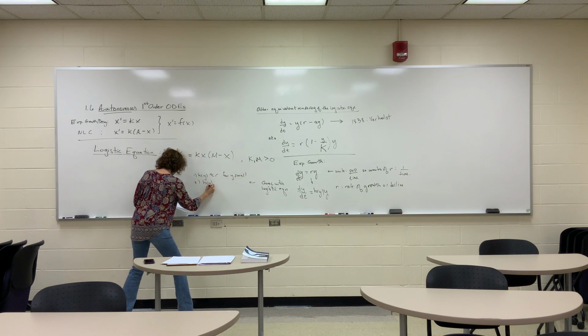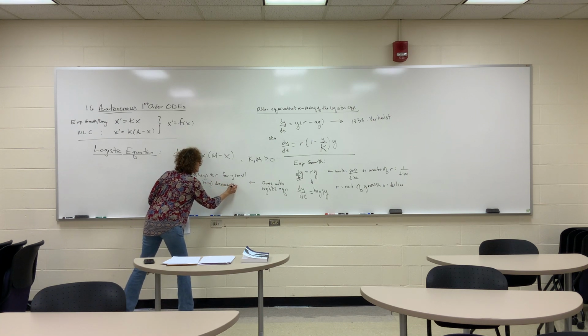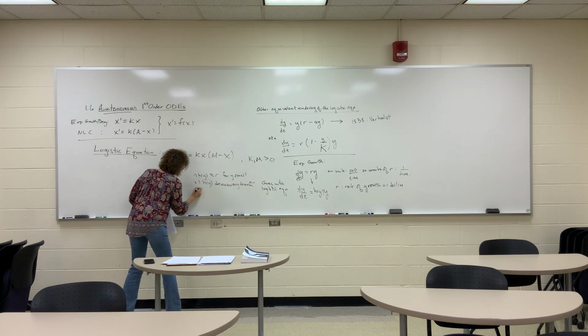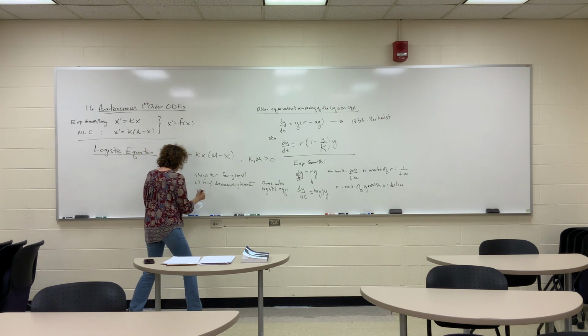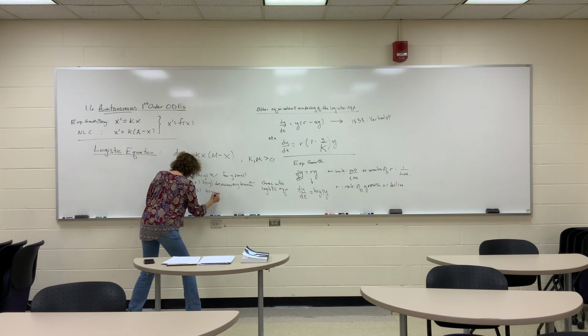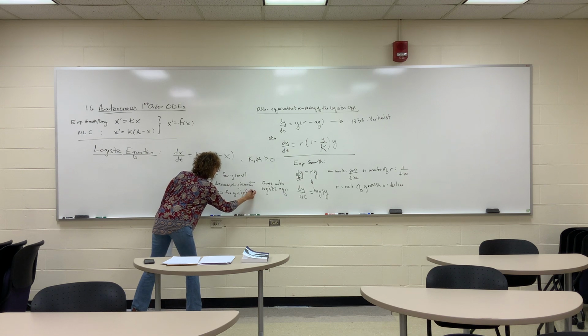What else? H of y should decrease as y increases. The bigger the population gets, the less able it is to keep growing. You're going to run out of resources. And then eventually, this should be negative for y significantly large, because it's got to drive things down. Things got to die.